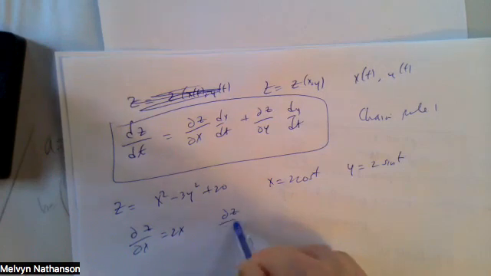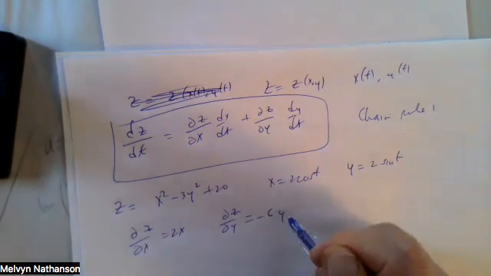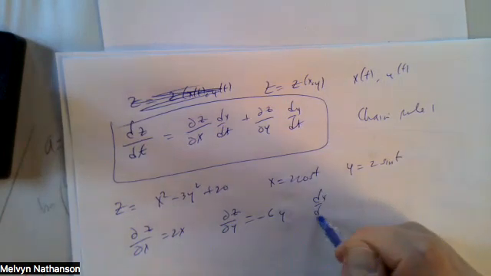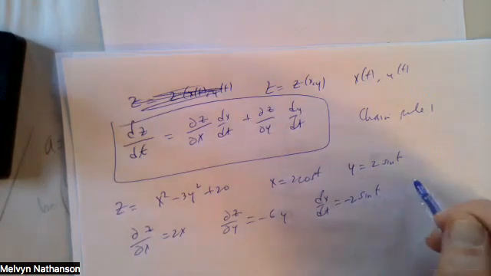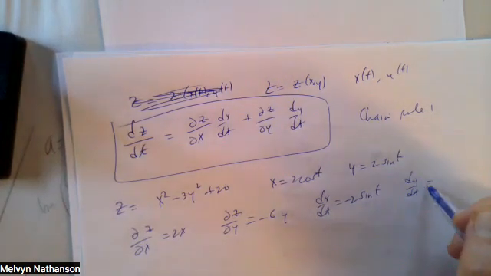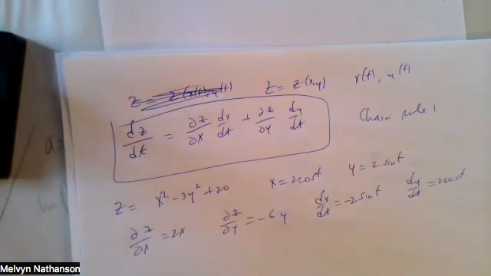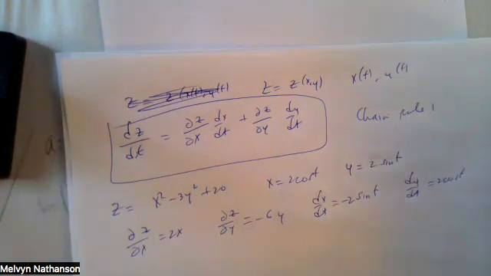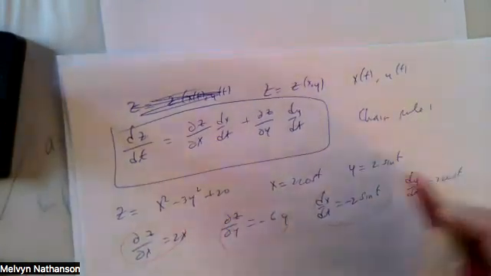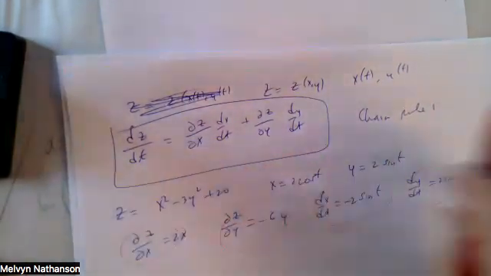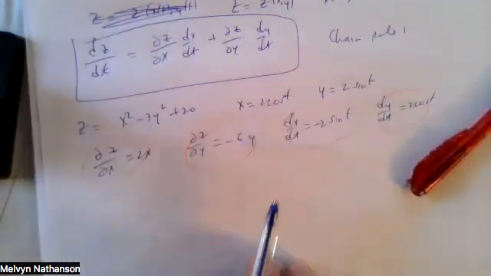And the partial of z with respect to y is minus 6y. And dx dt is minus 2 sine t, and dy dt is 2 cosine t. So if I take these 4 quantities, 1, 2, 3, 4, and I plug them into this formula, what do I get?